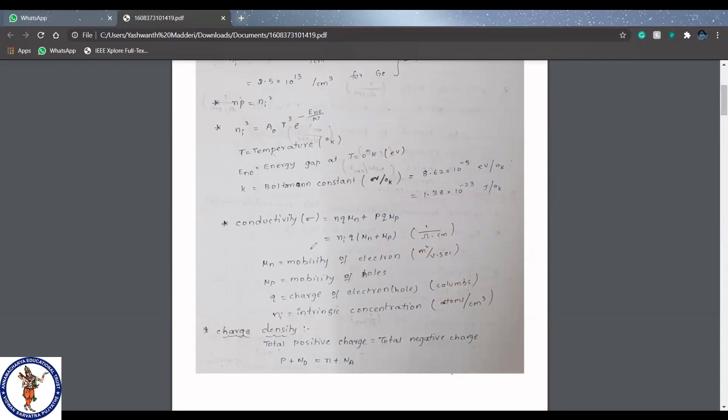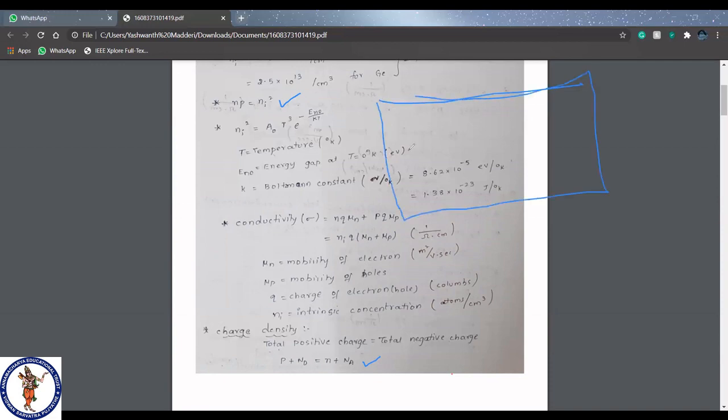Now we need to look at one more important topic called charge density. This is valid in any semiconductor, irrespective of the type, just like the formula n p, electron concentration times hole concentration, equals ni squared.